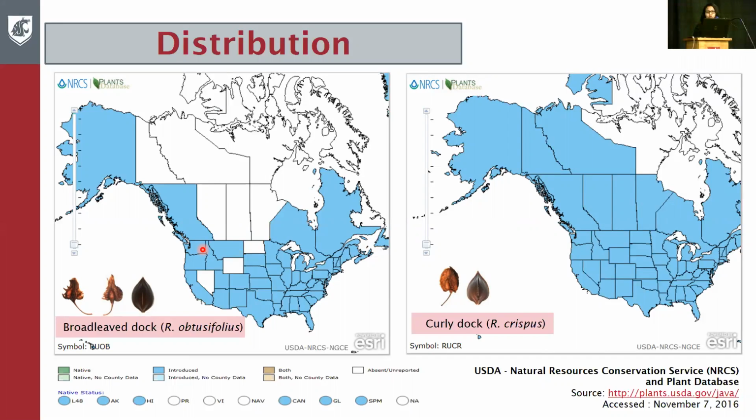However, what we need to know from this map is that it was built from collected herbarium specimens. The plant might be in an area, but because no herbarium specimen was collected, it was not put on record.